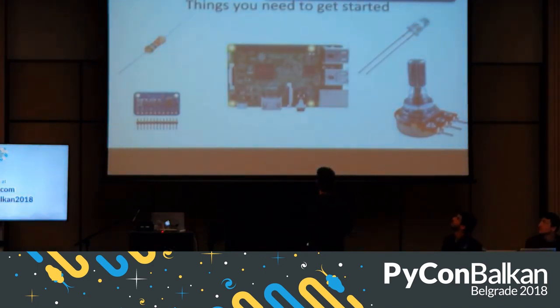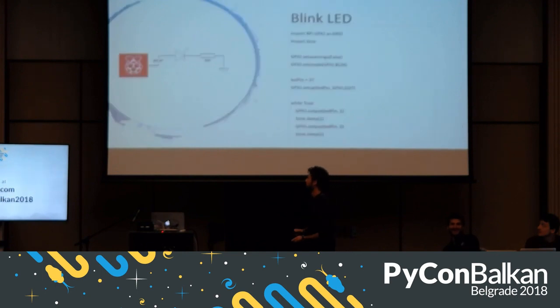Oh, it's back. Okay. So back to the ADC. So if you want to use analog input, you have to use an ADC for Raspberry Pi. More on that later.